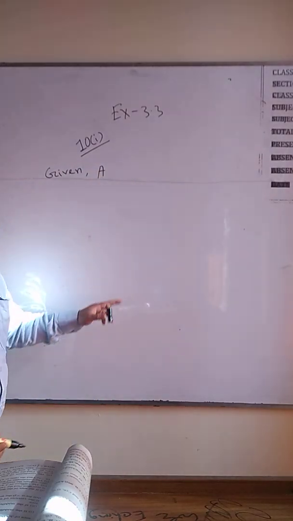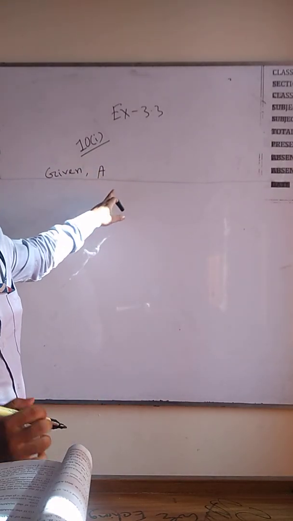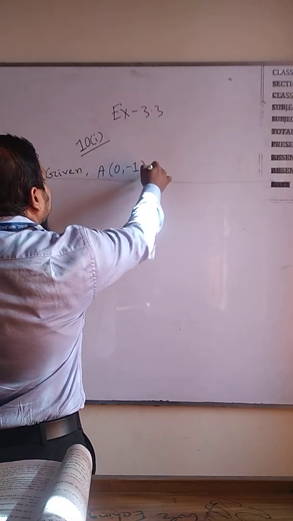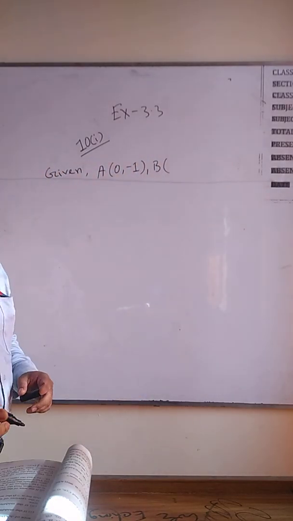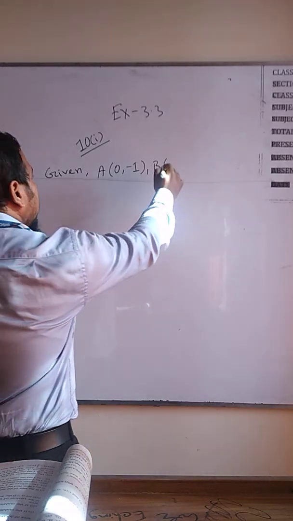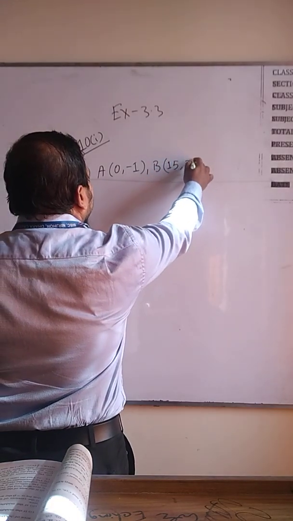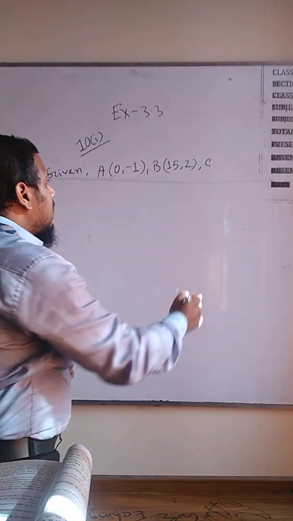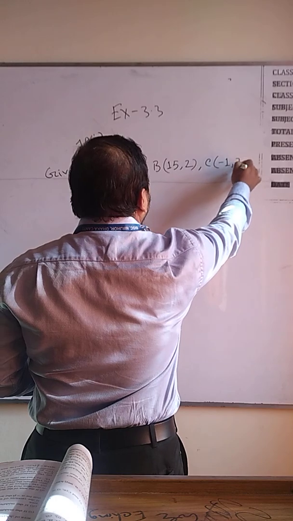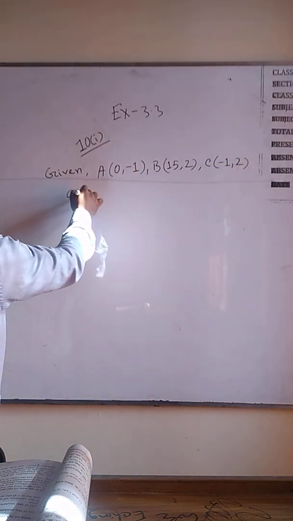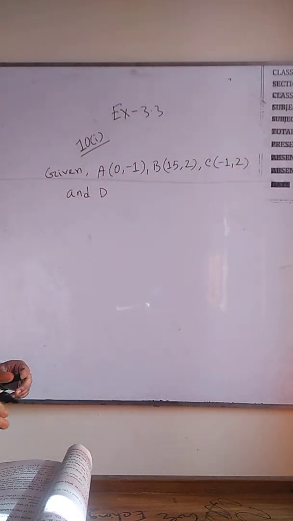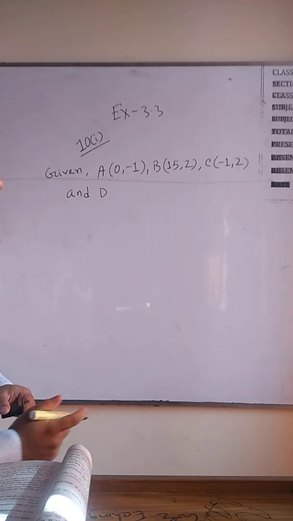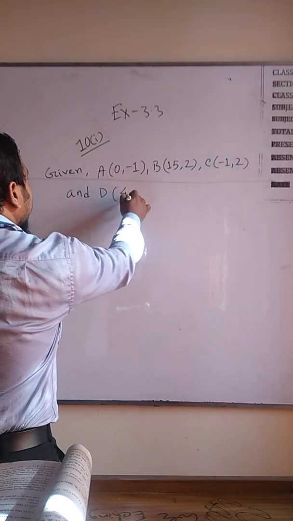A is (0, -1), B is (15, 2), C is (-1, 2), and D is (4, -5).